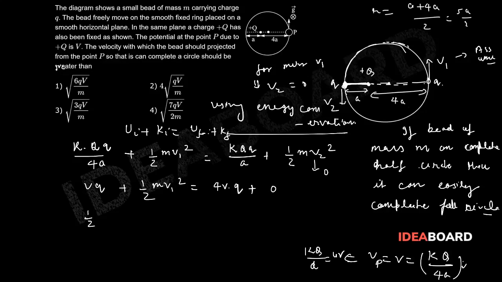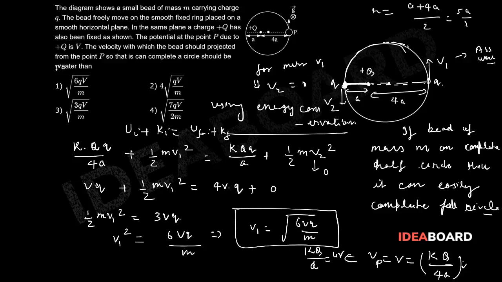So half m v1 squared will be equal to 4Vq minus Vq, which is 3Vq, correct? So v1 squared will be equal to 6Vq/m. So v1 will be equal to root of 6Vq/m.